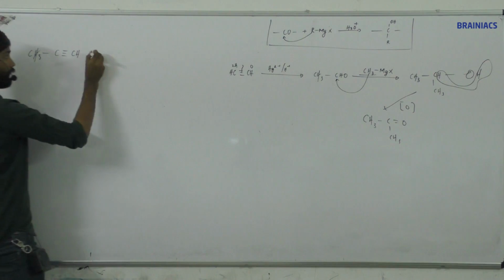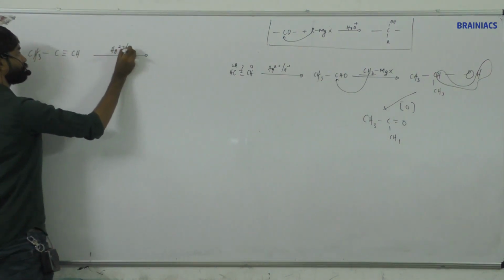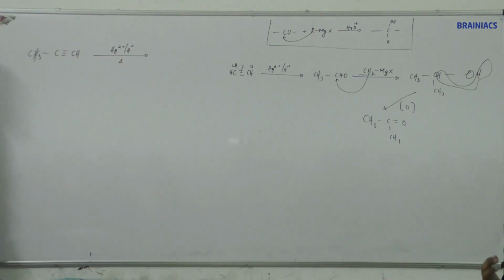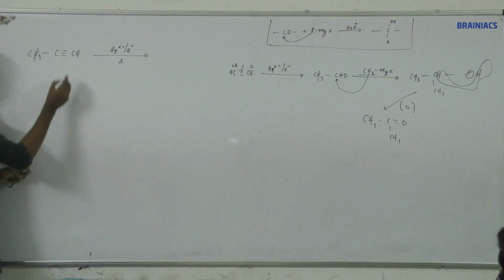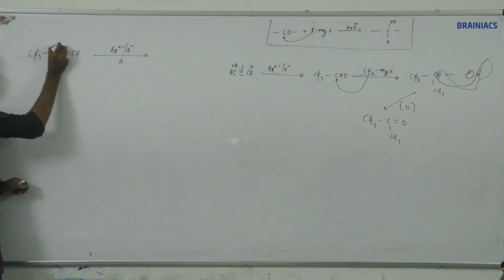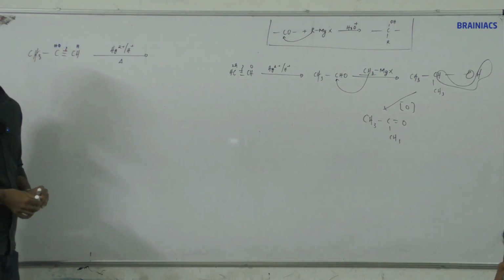Listen, actually oxymercuration reaction means water; we simply cleave two bonds to supply the O and 2H. Actually this reaction is a hydration. A bond is cleaved. Since this is a Markovnikov addition, O goes to here and H to here to form an intermediate.